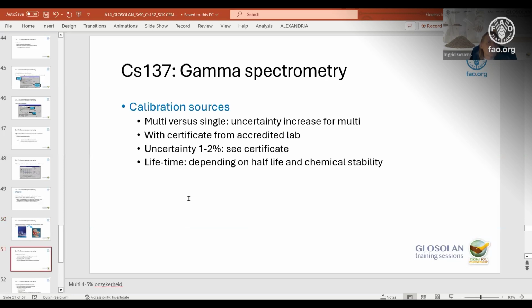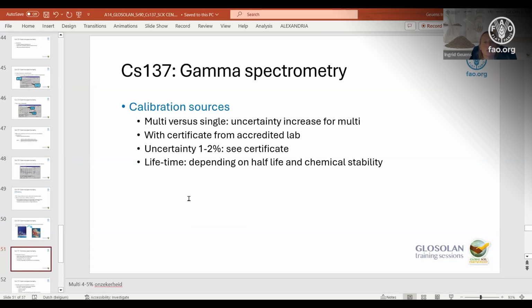So as said already, calibration sources can be found on the market. You have multi-calibration sources, which are pretty good for your efficiency calibration. You also have single sources on the market. For the multi, the uncertainty increases a little bit, while for the single source, you have an uncertainty from 1 to 2%.